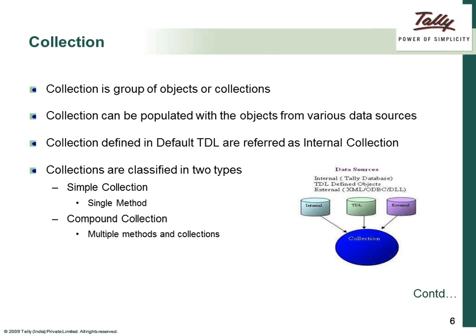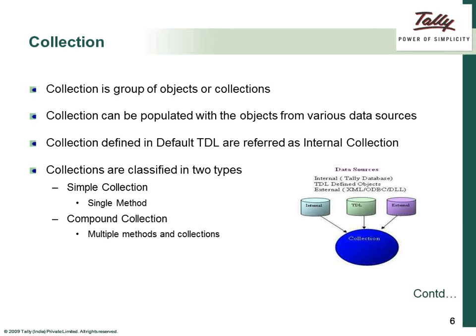A primary collection is a group of objects or collections or both. Collections can be populated from various data sources, which could be internal, that is a Tally data source, external, that could be the XML or the ODBC and the DLL, and something that we have in between called the TDL defined objects, which are nothing but the hard-coded values like your yes-no table or the primary or main location.